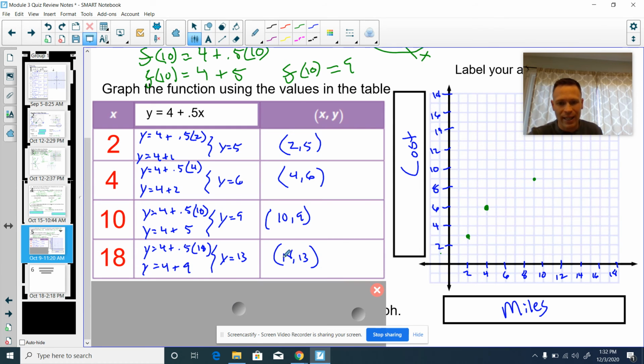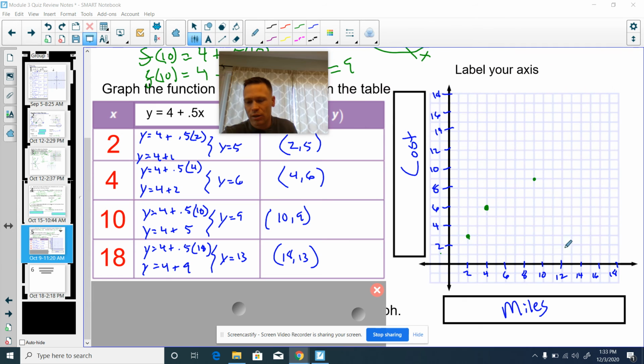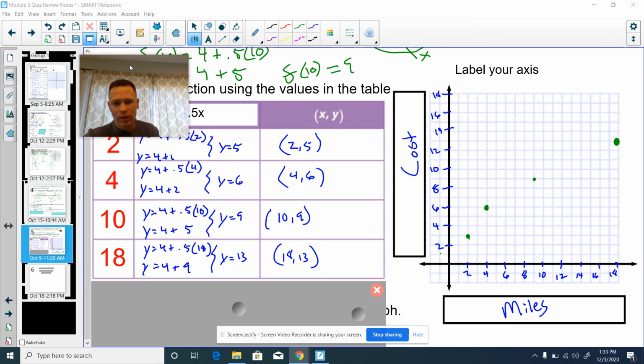And then 18 would be $13. If I substitute in 18, half of 18 is 9, plus 4 is 13. So I have 18, 13 right about here. All right, so that's what my graph looks like.